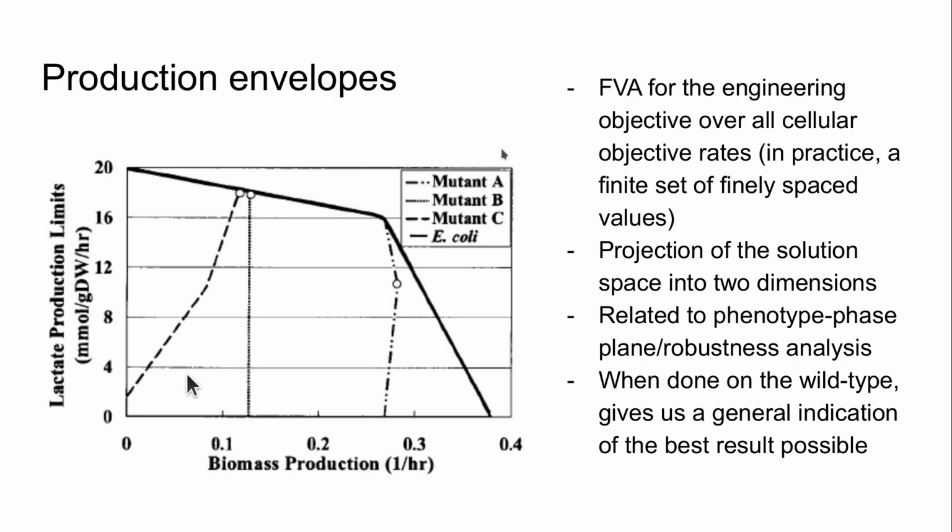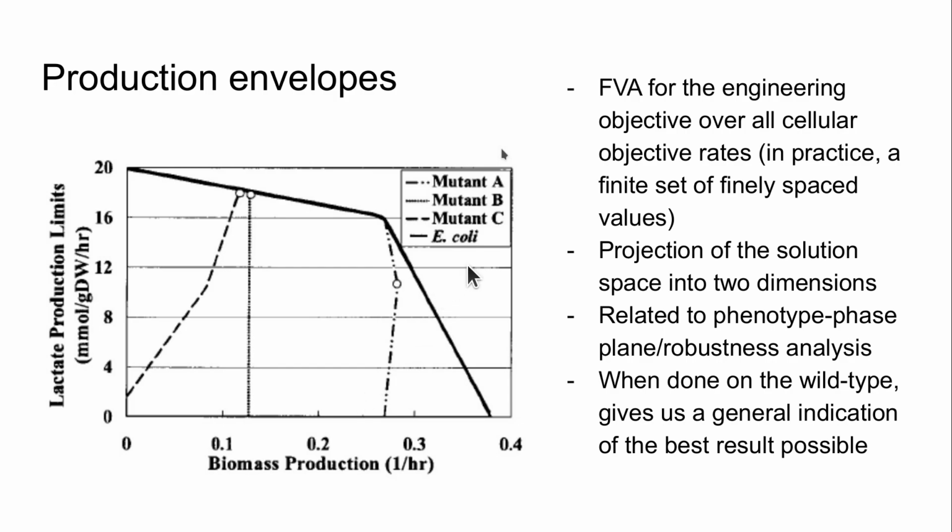In practice, we're going to do this on a computer, so we can't really just plot out a function. What we're going to do is have a quite finely resolved set of specific points, say for instance every 0.01, so we set biomass fixed at 0.01 and run FVA for lactate production, biomass 0.02 fixed and FVA, and so on. Then for a certain number of points, we can get it quite finely resolved in a respectable amount of time, and that will allow us to essentially draw out our lines here.